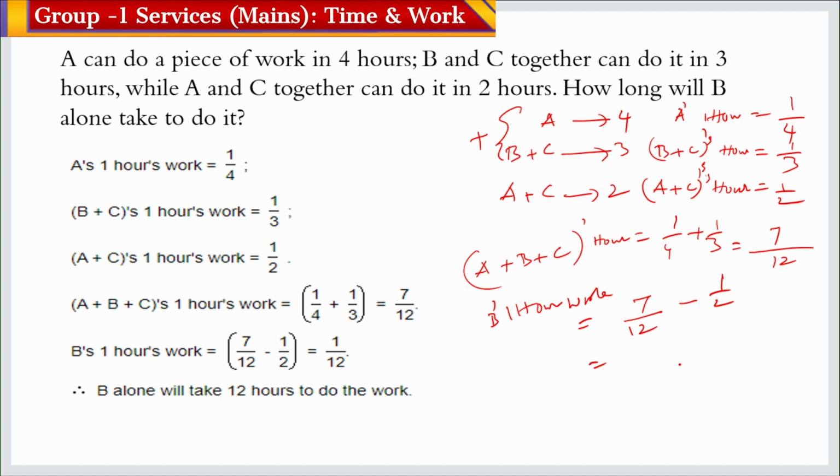LCM is 12, 7 minus 6 is 1/12, means B can complete that work in the reciprocal of this, that is 12. B can complete that work in 12 hours. Do you understand? See how simple the calculation is. A can do the work in 4 hours, means A's 1 hour work is 1/4.